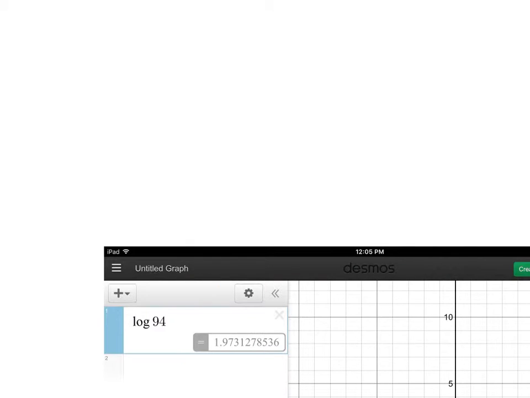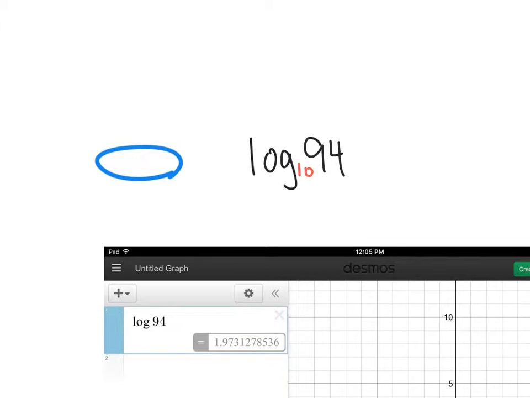So the idea is, when we're doing log of 94, don't forget, log of 94 means there's a 10 here. We're basically saying 10 raised to what power is equal to 94.